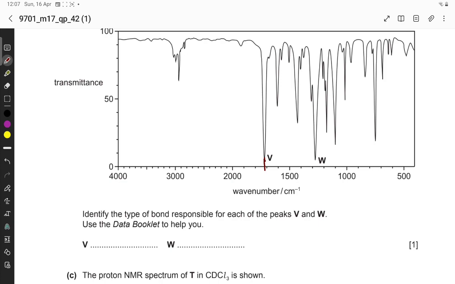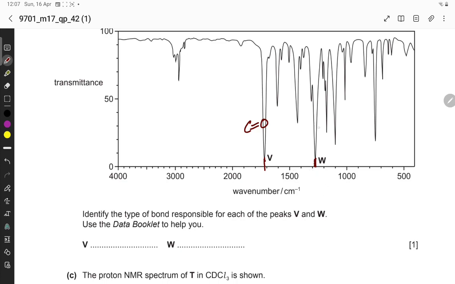this wave number, 1700, this sharp peak is of C=O. If we look at the data booklet, the W peak is at about 1000, 1100, 1200, and this is around about 1290, 13, 14.